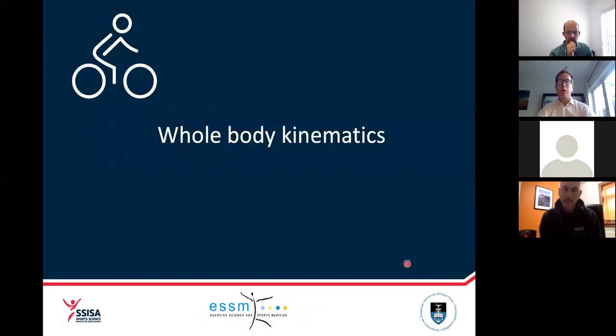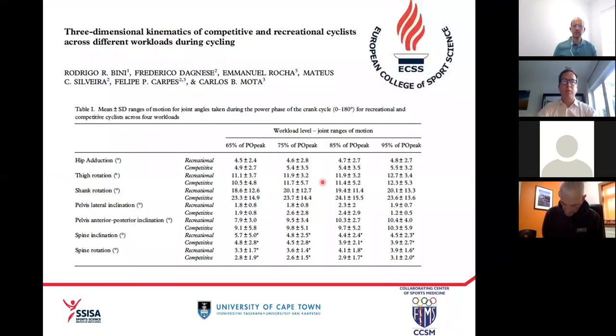What about the whole body? So if we put all these joints together, what's happening to all of those segments at different intensities while we're cycling? Rodrigo published recently a study, I think this was last year or the year before, looking at internal external rotation and torso rotation and pelvic inclination and movements of these various different segments or systems during 65, 75, 85, and 95% of peak power output.